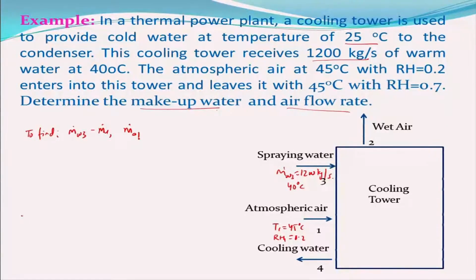We can use the psychrometric chart. From the psychrometric chart we can get, corresponding to 45 degrees Celsius and RH 0.2, very easily, that is RH1 is 0.2 and T1 is 45 degrees Celsius.